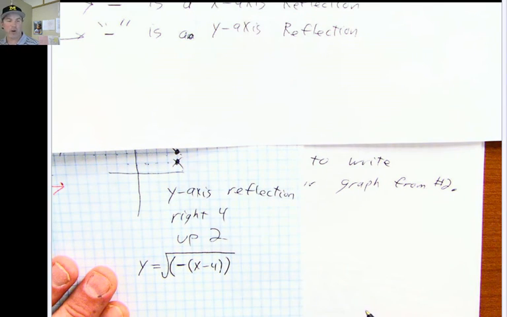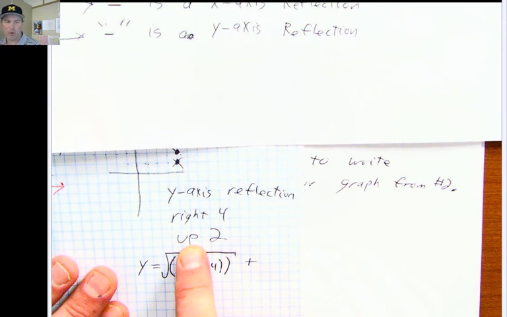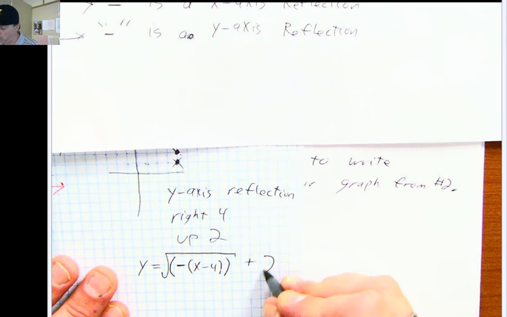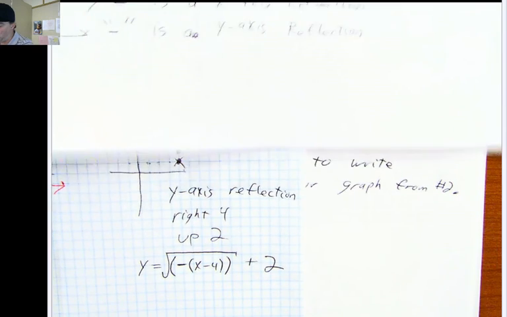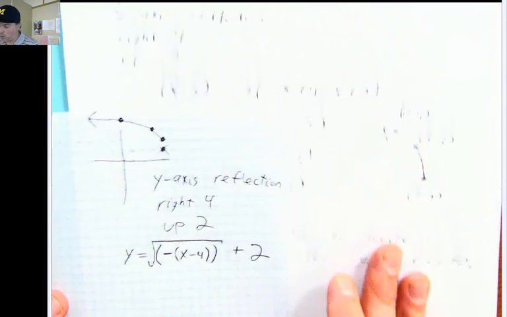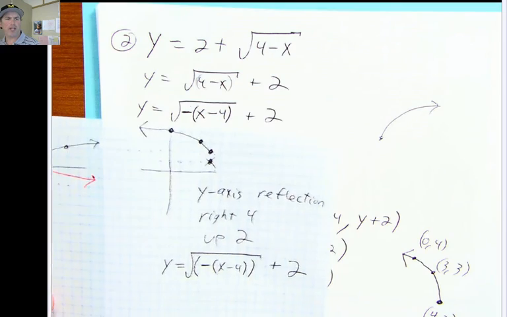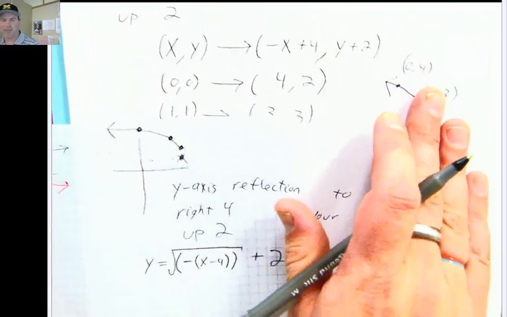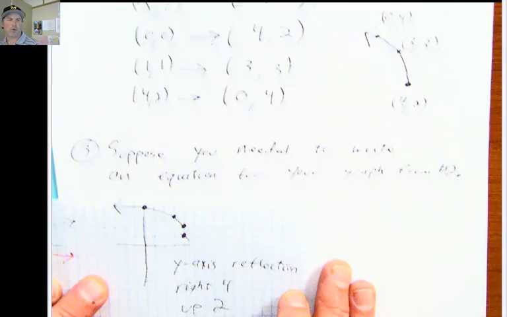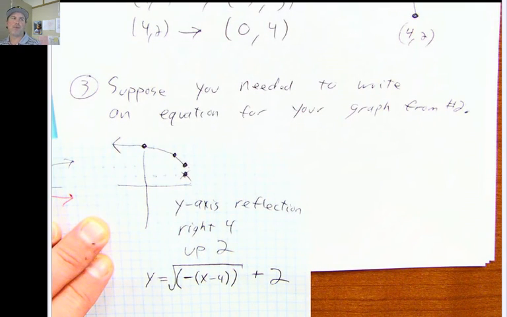So big ol' square root around all of that, and then plus the up 2, so that's on the outside of the function, we would show this plus 2. And if we compare it to our original equation, it's the same. So that's how you could go about writing an equation if you were just given the square root graph. And that's my final example for you.